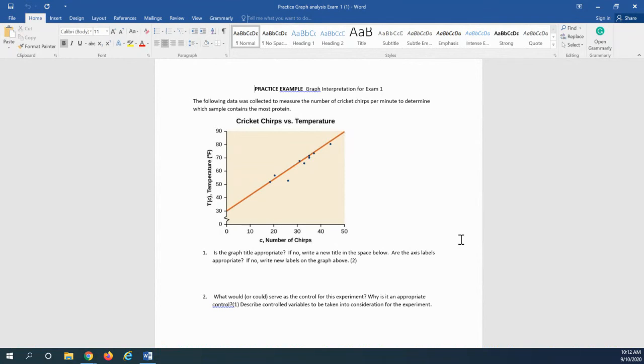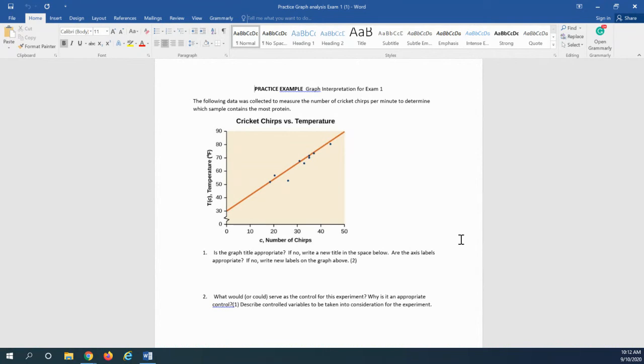Say that again. Temperature determination based on the frequency of cricket chirps. So maybe just filling in some more of the descriptive terms instead of just saying cricket chirps versus temperature.